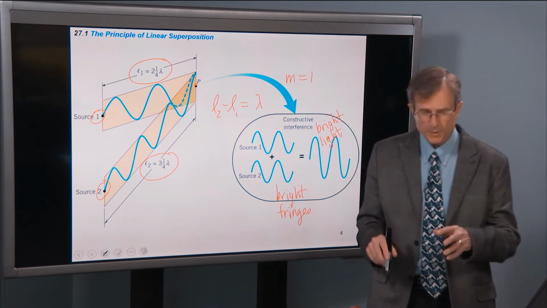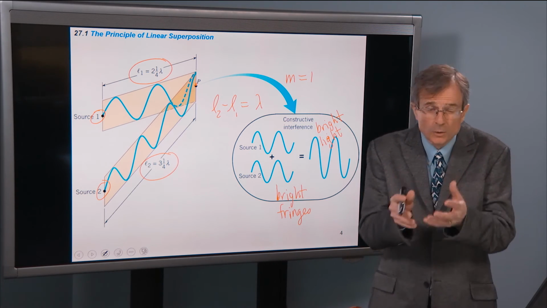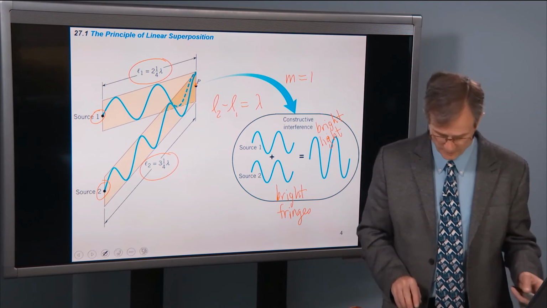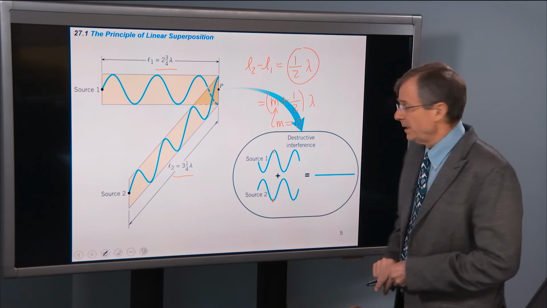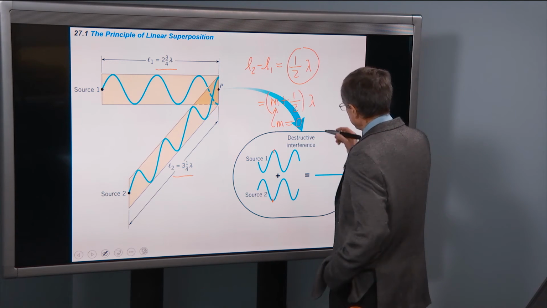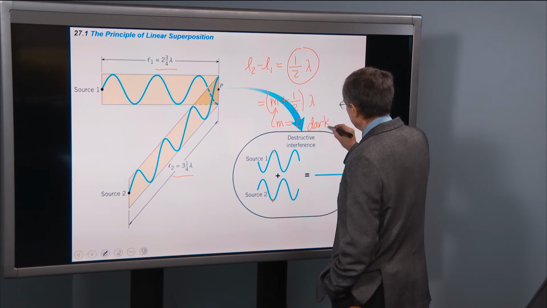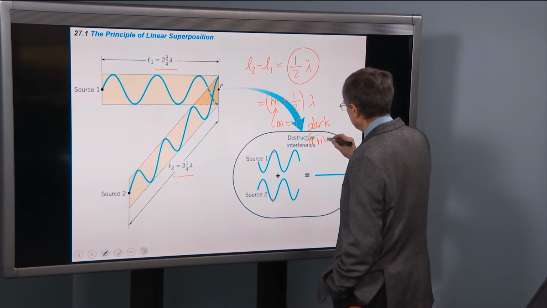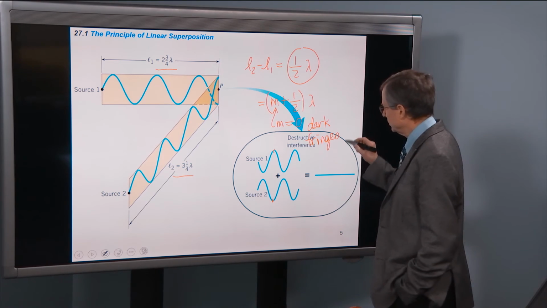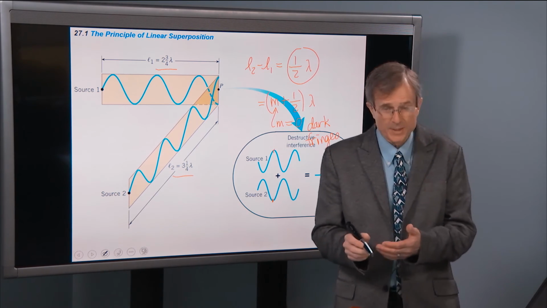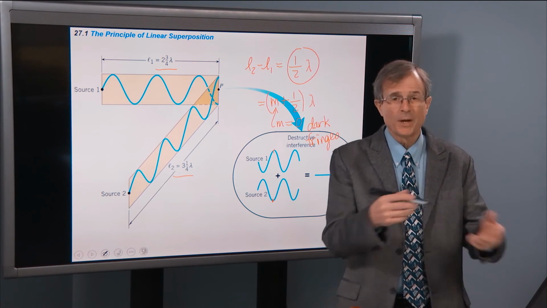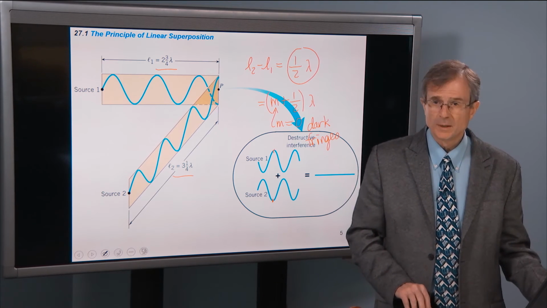So we'll use a lot of words to describe the same thing, but ultimately, it boils down to constructive interference. Here we get, we call these dark fringes. So with sound, it's loud versus soft, and now it's bright versus dark in terms of light.